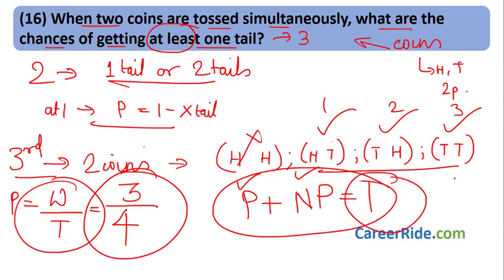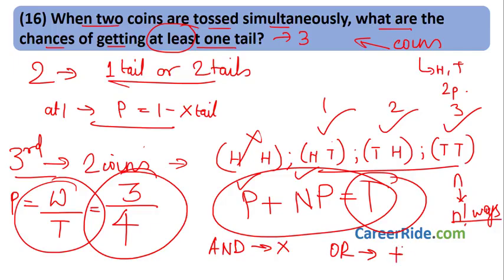And if there are n objects, you can arrange them in n factorial ways amongst themselves. Just remember these things, just remember the common type of sums that are asked, and you will very easily be able to solve all sums related to probability. And most important thing, 'and' means multiply, 'or' means addition.